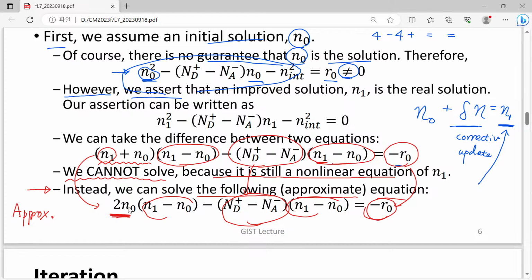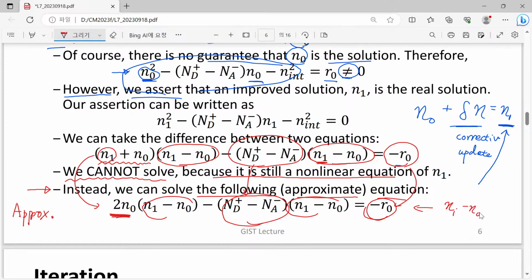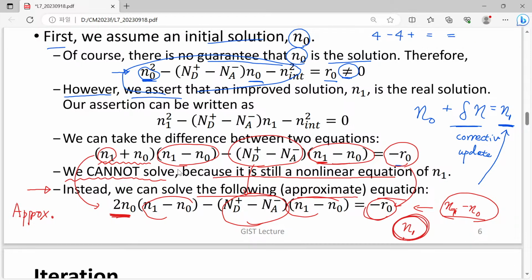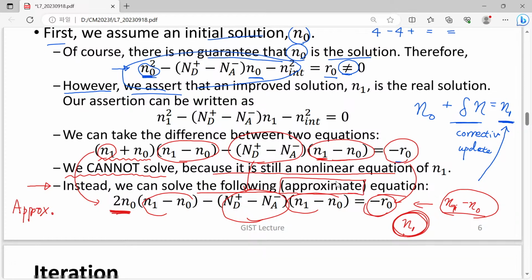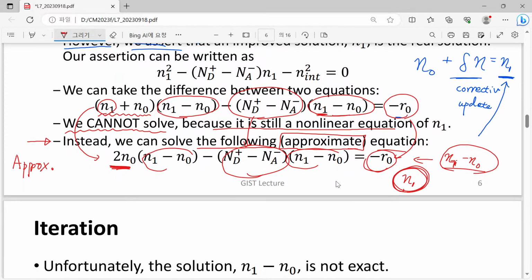Of course, I wanted to emphasize that the solution of this equation, n1 minus n0, is not the perfect one. So when you calculate n1 from this one, then your n1 will not be a perfect solution. Of course, it is because you have introduced an approximation. But we hope that this approach is much better than nothing.